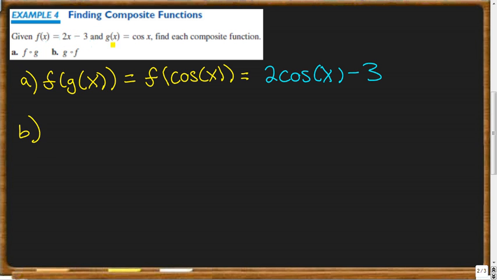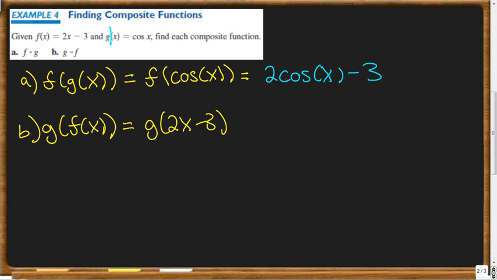B asks us to do g of f of x. Well, f of x is 2x minus 3, so we get g of 2x minus 3. Well, g tells us whatever we plug in, we take the cosine of that. So this is a pretty simple one.